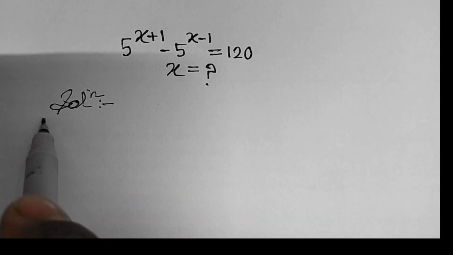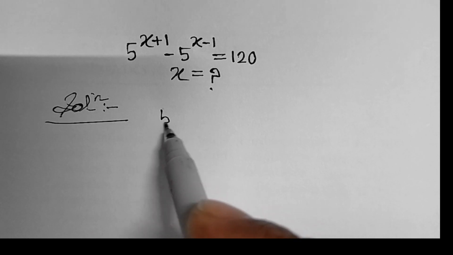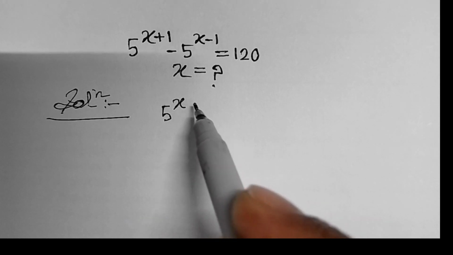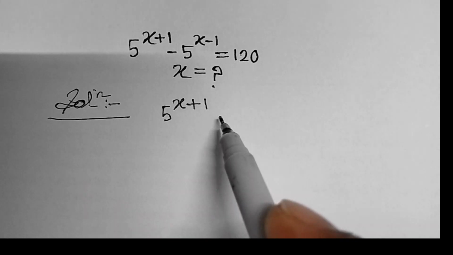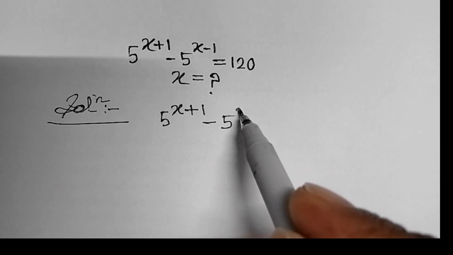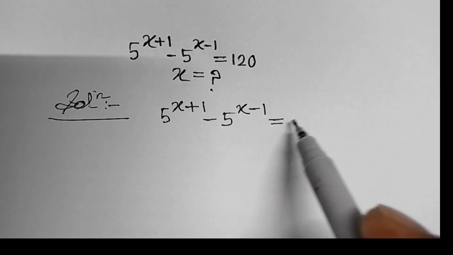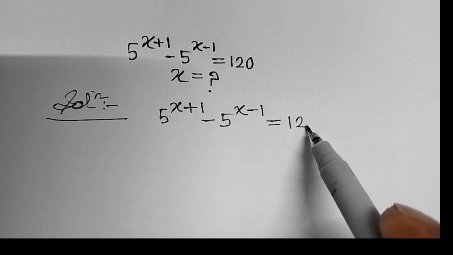First of all, we will write the given equation, that is 5^(x+1) - 5^(x-1) = 120.